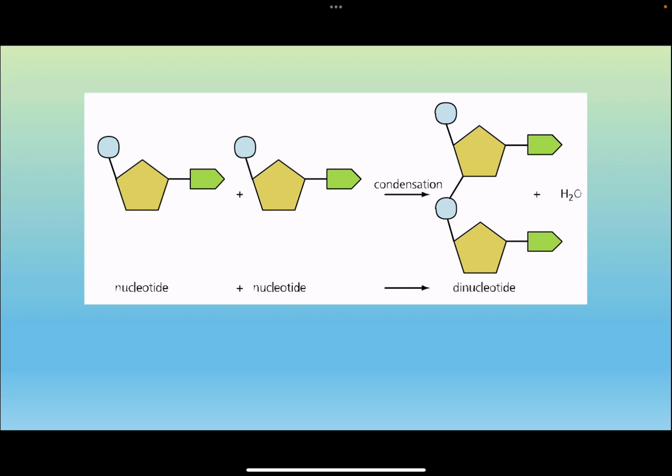When they join together, a link is formed between the pentose sugar of one molecule and the phosphate group of another, and also water is produced. So that's quite a basic diagram. On the next slide, I'm going to go into a little bit more detailed explanation.